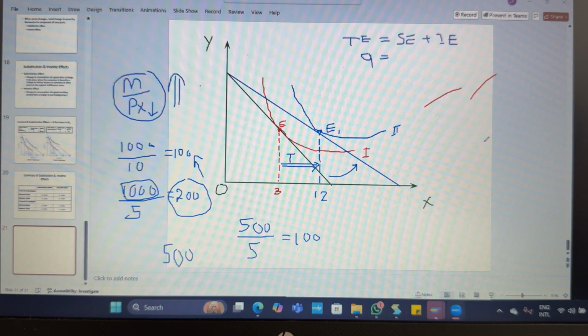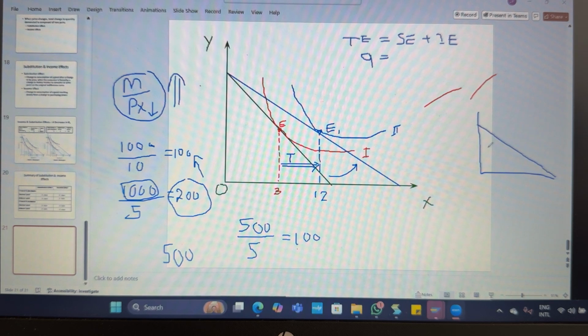If your money income goes down, what will happen to your budget line? Earlier we studied this, right? Suppose that this is your budget line.